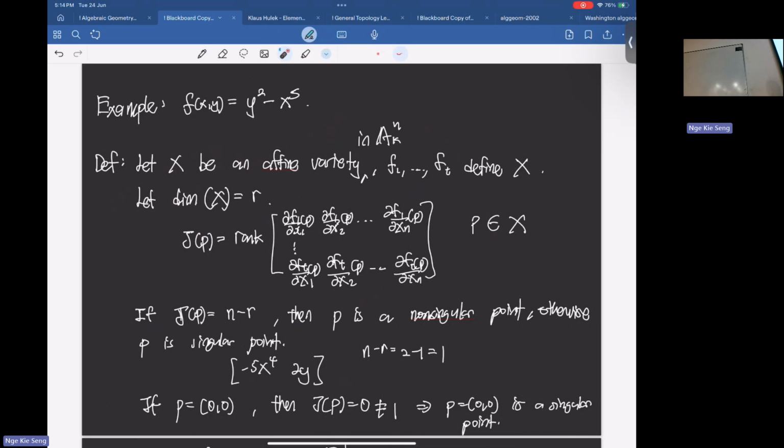If it's singular, you don't need to care because it's very big. So you need to find where your smooth point is. But last time we proved that the smooth points form an open dense set. Almost all points are smooth, dense, open.